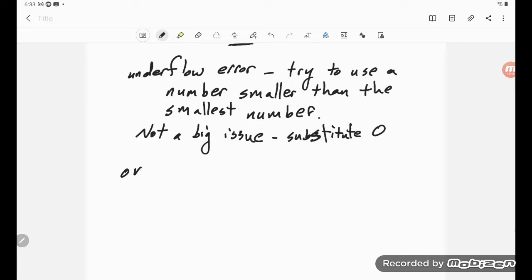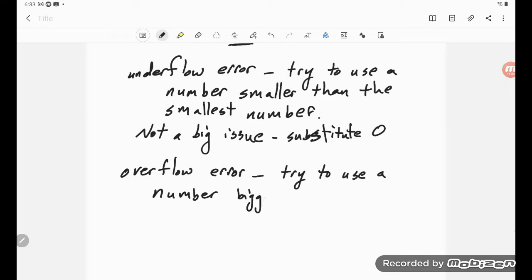And then there's an overflow error. And that is when we try to use a number bigger than the biggest number.